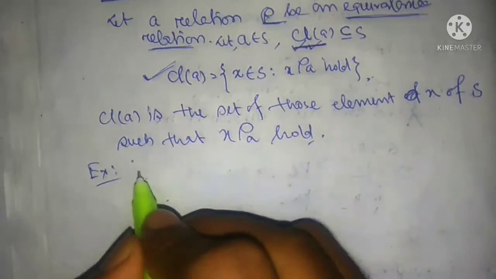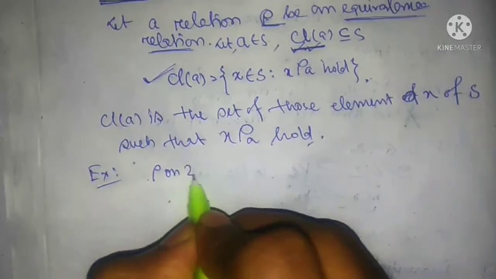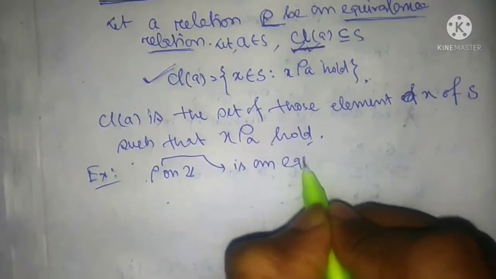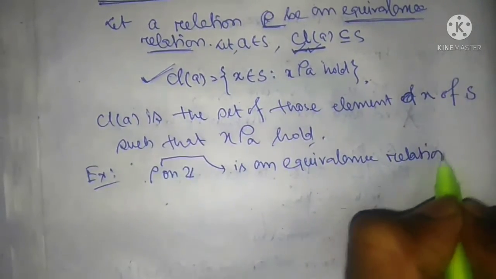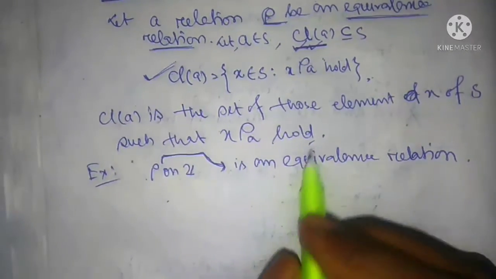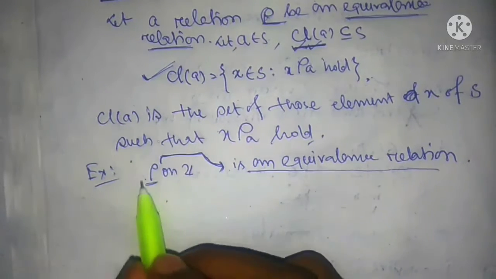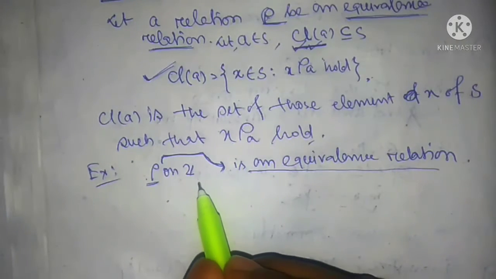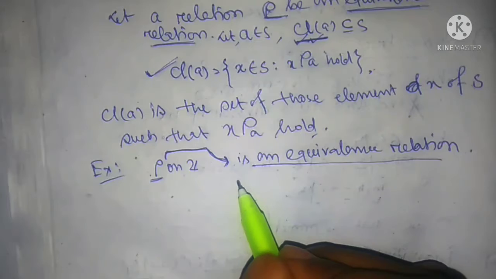To find the equivalence classes by the relation rho on Z. So here it is told that rho is an equivalence relation. The question tells us that rho is an equivalence relation. If this was not told, we would first check whether rho is an equivalence or not. If rho is not an equivalence, then we can't do the equivalence class. Okay, so in this question rho is an equivalence relation.